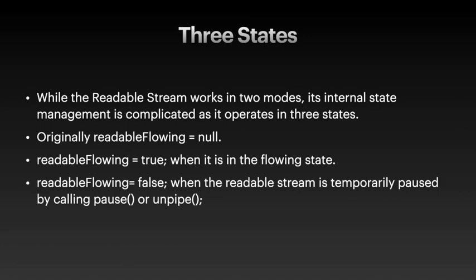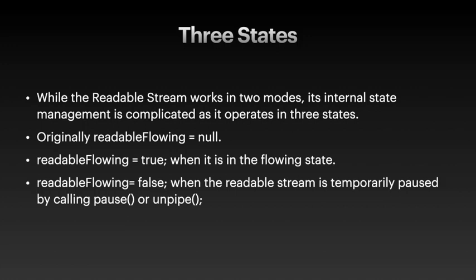So let's get into something a little bit more complicated. The readable stream, we said, exists in two modes, but the internal state management is a little bit more complicated, and it operates in three states. The original one is readable flowing equals null, which means that we have not yet assigned any method to consume this stream.